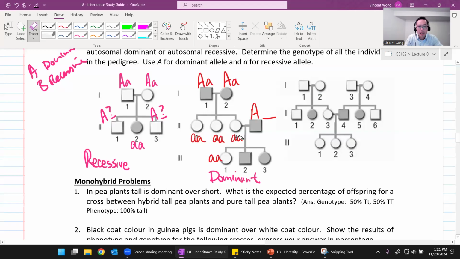One of the small a came from the mother, the other one must have come from the dad. Okay, and these people must all be big A, small a. Big A from the father and small a from the mother. Here, I'll highlight it for you. Okay, and then over here, one of the small a is from the mother, the other small a is from the father.